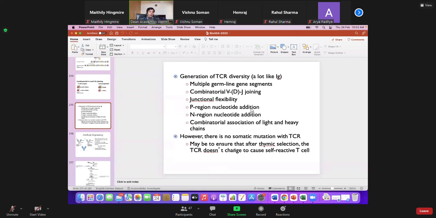Obviously, for T cells you don't have the process that we call somatic hypermutation, which you actually find in BCR. This was the last slide we talked about.